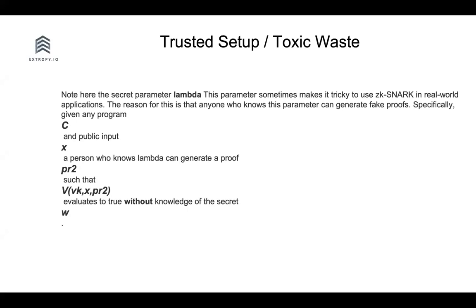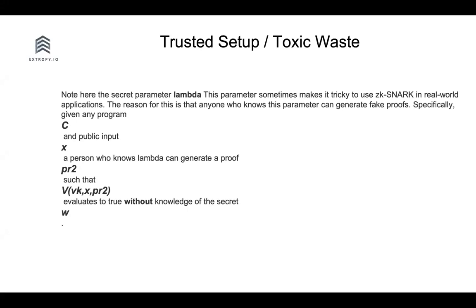Now, I mentioned the project Zcash. This is a cryptocurrency that uses zero-knowledge proofs, and we'll look at that a little bit later. They were really one of the first large projects in the blockchain space to use zero-knowledge proofs. They had a ceremony when they first came online to do this trusted setup, and the way they did it was via a shared computation.